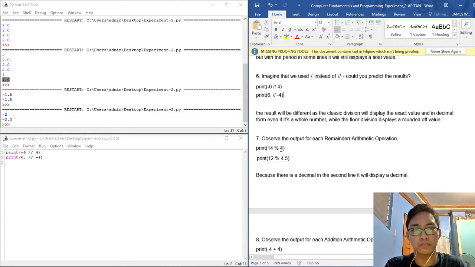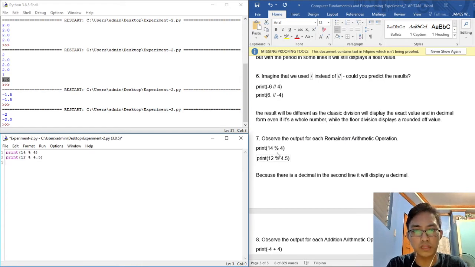Next is to observe the output for each remainder arithmetic. The remainder arithmetic operation in Python is represented by the percentage symbol. So let's see what this result will be.